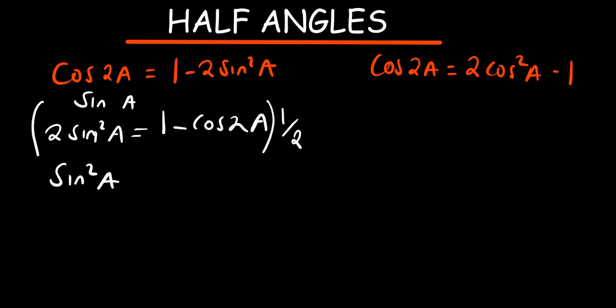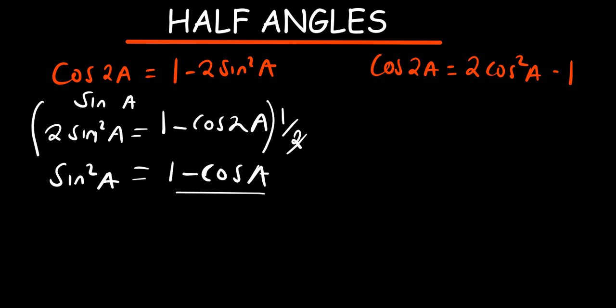So I'm going to have sine squared a equals, on the other side, 1 minus cos, the 2 and the 2 divide, so I'm just going to have cos a. Okay, now let's multiply everything by half again.